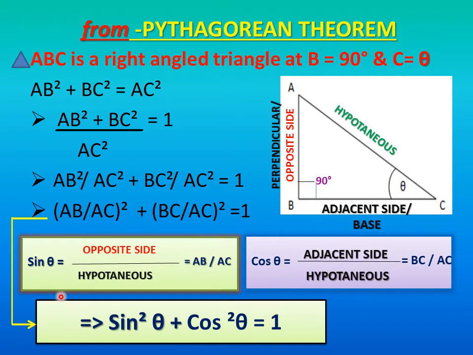From this we have proved that sine square theta plus cos square theta is equal to 1. How have we proved it? We have used the help of the Pythagorean theorem, or we can say Pythagoras theorem.